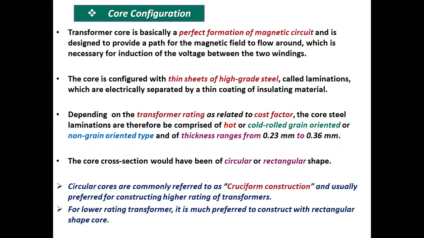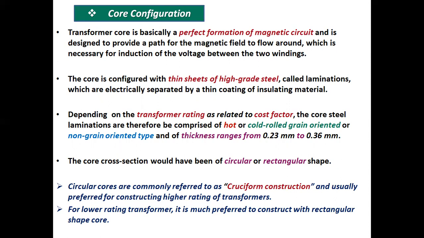Depending on the transformer rating as related to cost factor, the core steel laminations may be comprised of hot or cold rolled grain oriented or non-grain oriented type, and of thickness ranging from 0.23 millimeter to 0.36 millimeter.